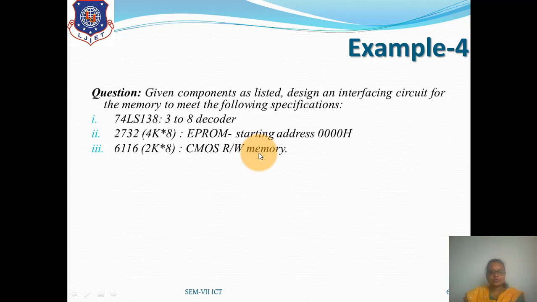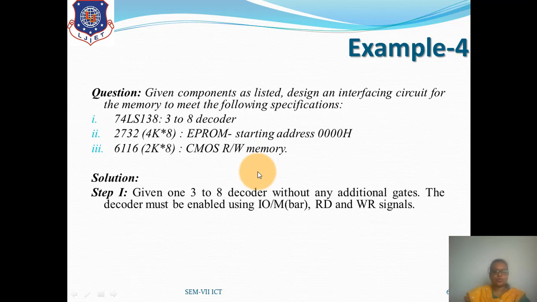So similarly, whatever you take for the starting address of read write memory, the ending address will be based on that, and due to this the interfacing diagram will change accordingly, right? Now we will see the solution based on this question. So first step: given one 3:8 decoder without any additional gates, right?